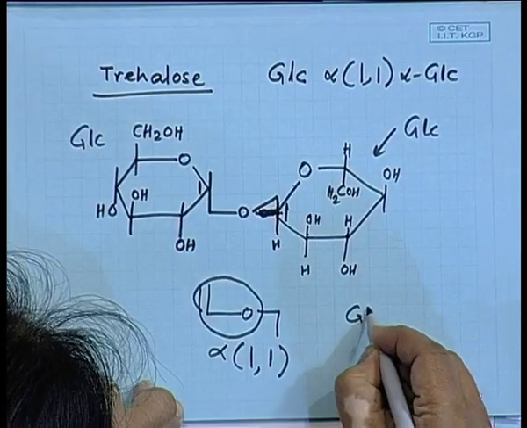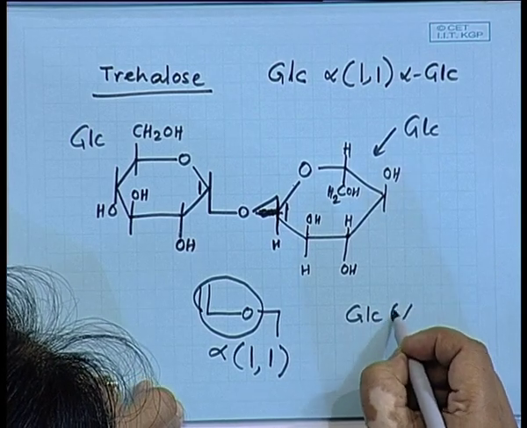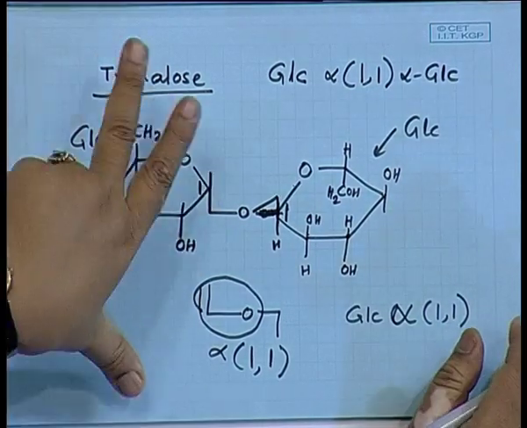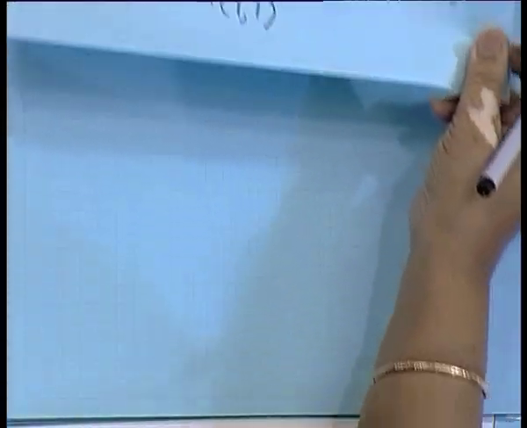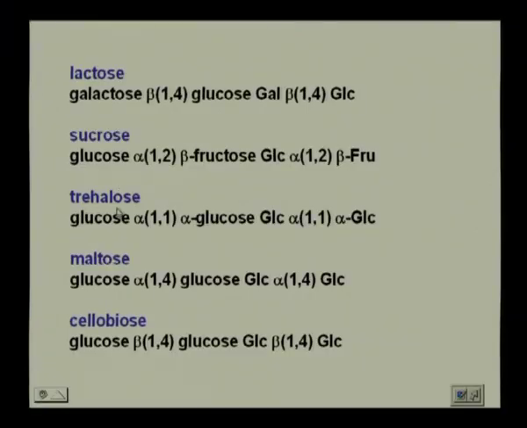So, glucose alpha, it should be alpha 1,1. That gives rise to trehalose. If we then look at all the different disaccharides that we have here, we have lactose, sucrose, trehalose, maltose, cellobiose. Okay.